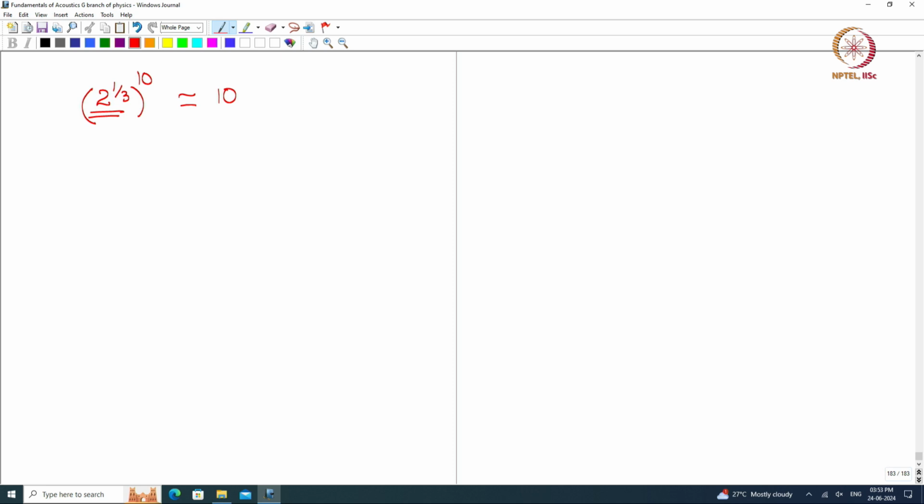Okay, it is very interesting. So that means if I have 100 hertz and 10 times that, which is 1000 hertz, in between I can fit 10 third octave bands using this rule.